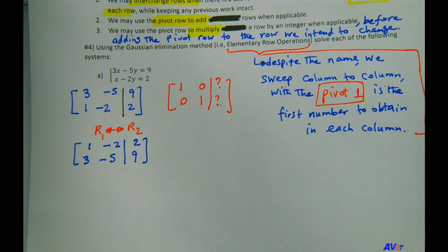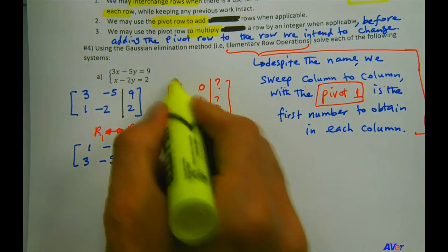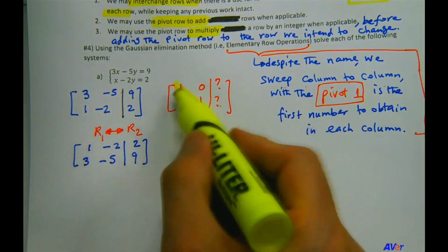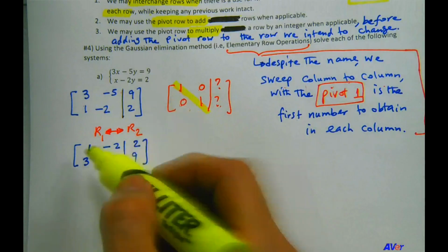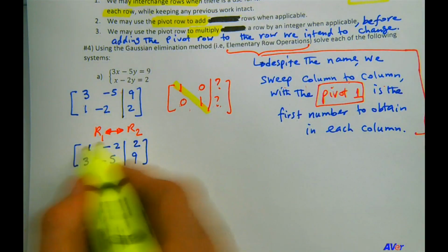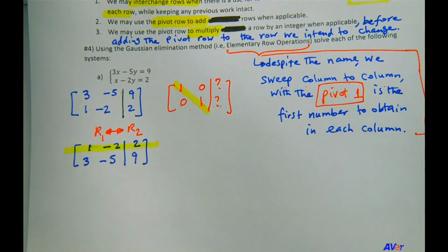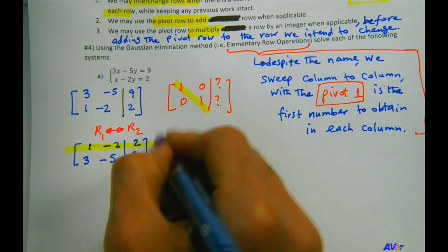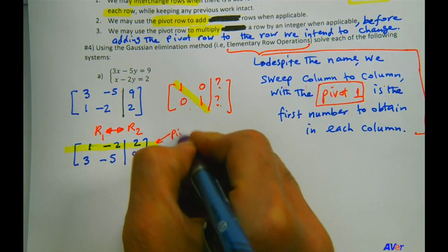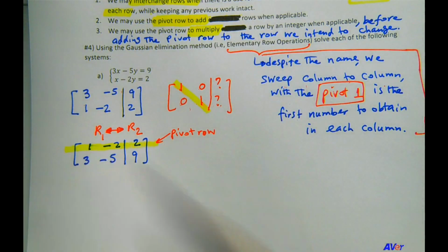Well, notice that as soon as you obtain a diagonal 1, and these are called diagonal 1s, as soon as you obtain one of those 1s, the row that contains the diagonal 1 is called the pivot row. So now we have row 1 as the pivot row, right?